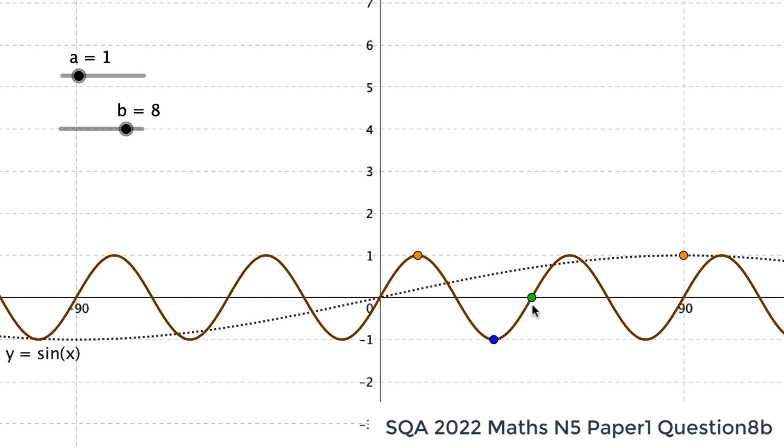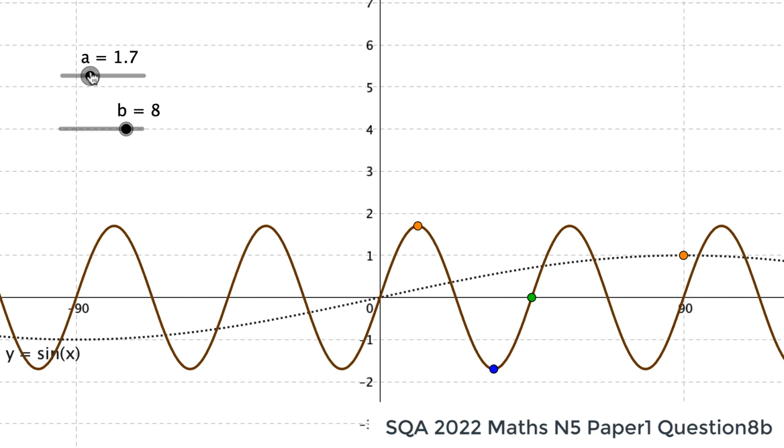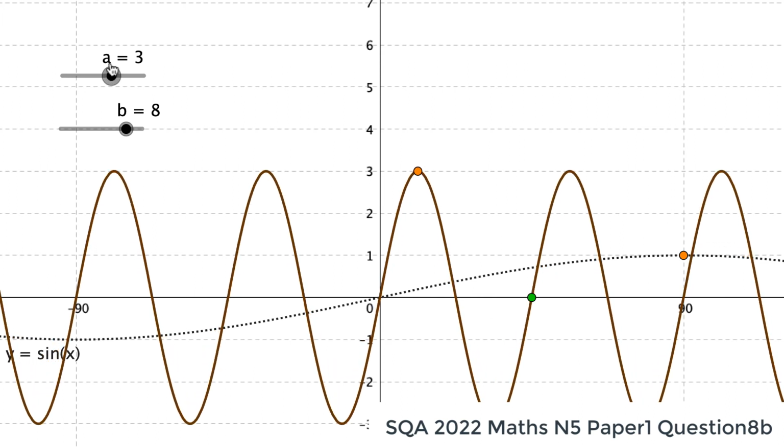So this is 45 degrees, and remember we had to have an amplitude of 3. There we go. And we've now got a pretty close match, or a perfect match actually, to the graph that's shown in the question. It's got an amplitude of 3 and it has a complete cycle between 0 and 45 degrees.